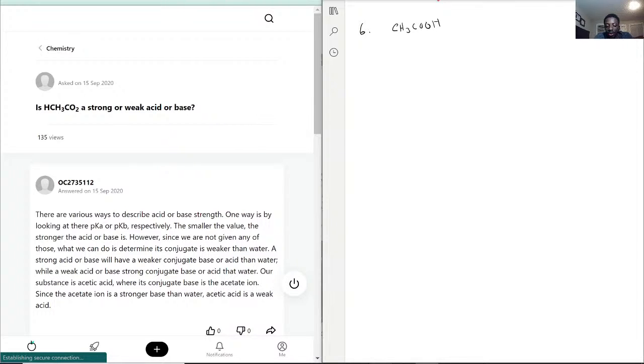And is it a strong or weak acid or base? With this, we first need to write out our dissociation formula. CH3COOH. We only know that because we have to draw it out. I would start with that first. Sorry about that. CH3COOH, for example, this right here is acetic acid.